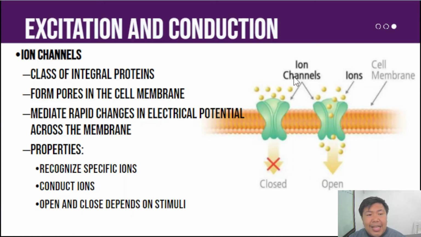And once ions are able to enter and exit, then it can mediate a rapid change in the electrical potential across the cell membrane. Now, the ion channels does not just open and close at will. Meron siyang mga certain characteristics kung paano siya gumagana. So, number one, it should be able to recognize specific ions.